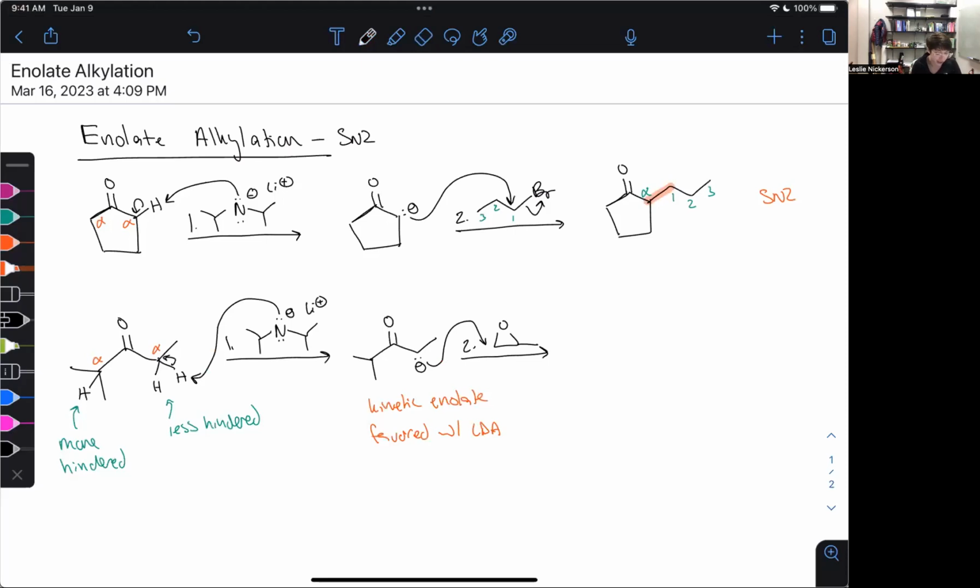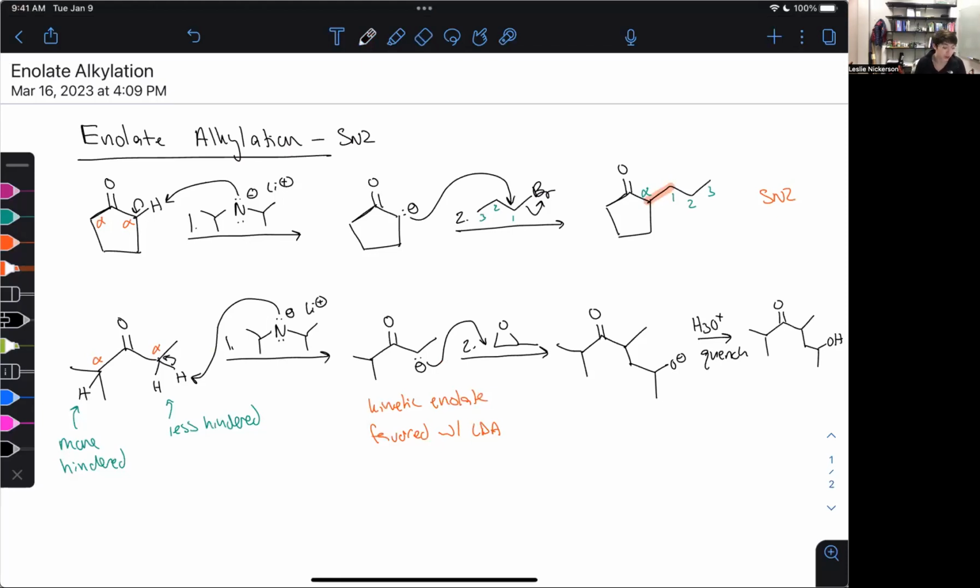All of that is still relevant here, and we're not changing any of those rules. So we're going to end up with this, and then we can do an acid quench. And then we end up with our alkylated product.